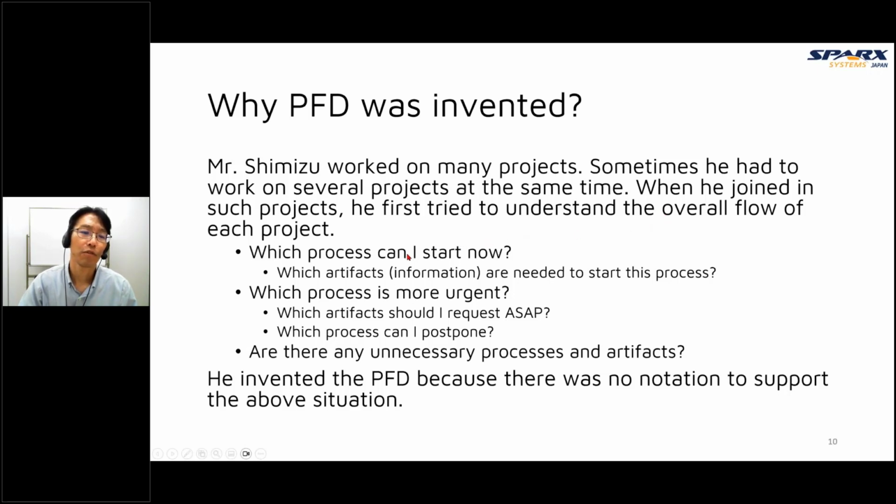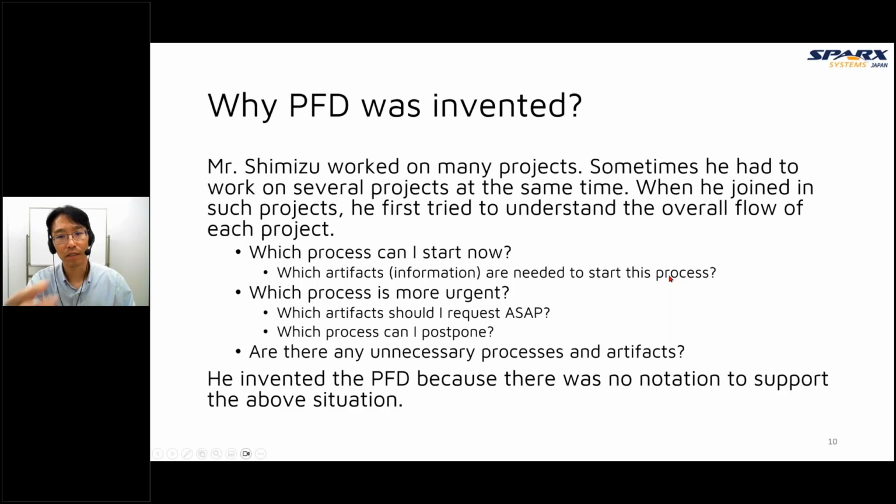So he had to understand the overall flow of each project first. For example, which process can he start now, or which process is more urgent, or if he wants to start some process, what information and artifacts are necessary to start it? So he had to gather various kinds of information to understand the current project and to find the shortest way to create the final artifact.